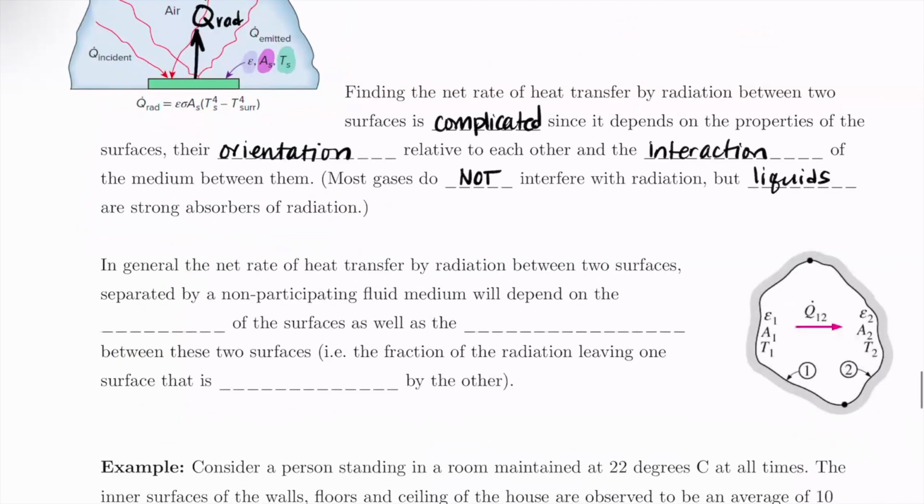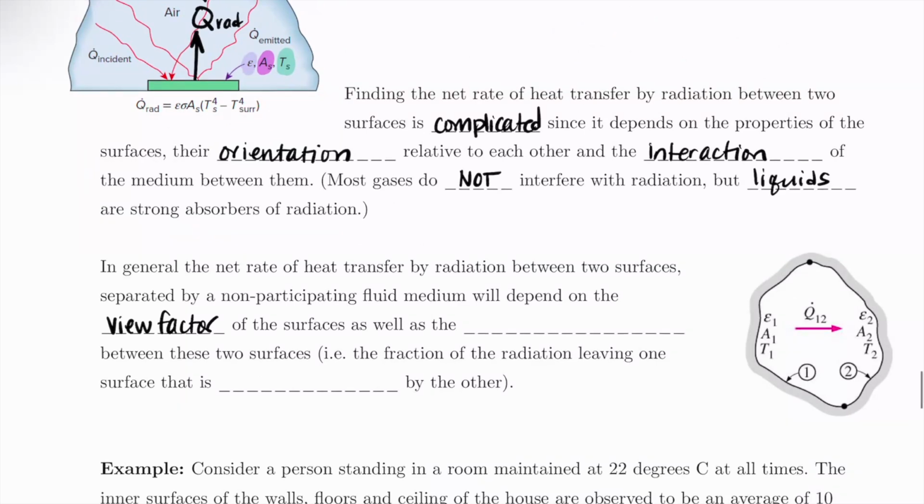So in general, the net rate of heat transfer by radiation between two surfaces separated by a non-participating fluid medium, so a gas, will depend on the emissivity of the surfaces as well as the view factor between the two surfaces.